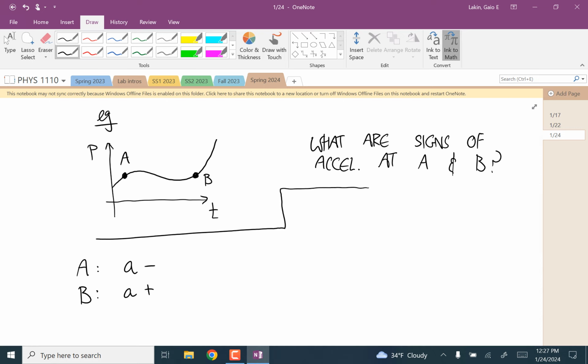Where would the acceleration be 0? Somewhere in here, there's a point where it switches over, and at that switch over point, the concavity just at that instant is 0. So let's say maybe right here or something, and at that point, just at that instant, the speed isn't changing.